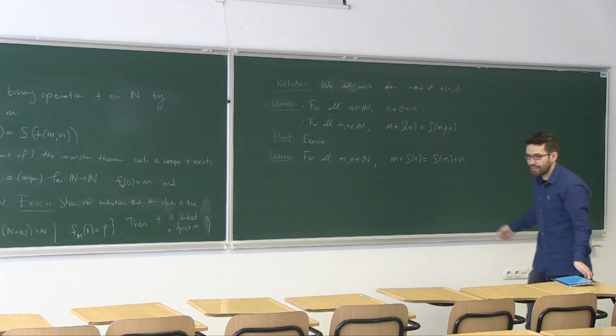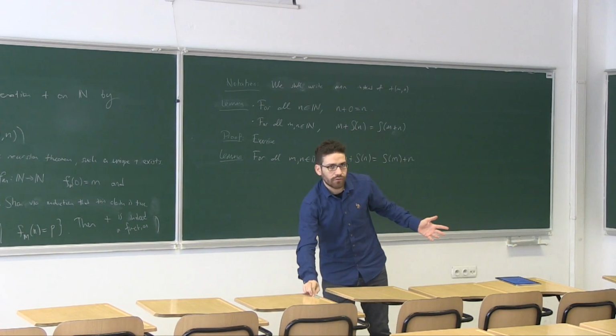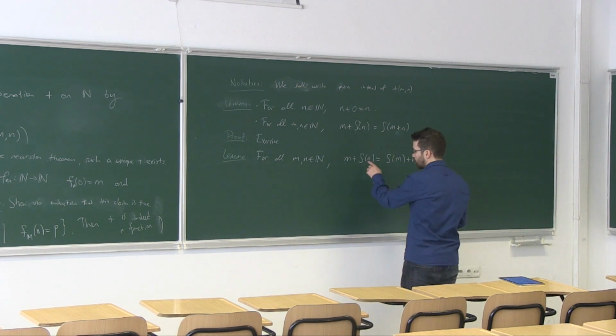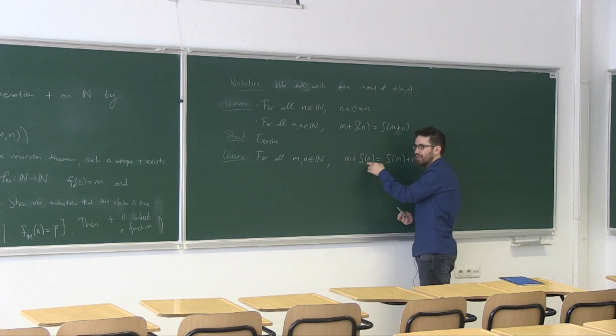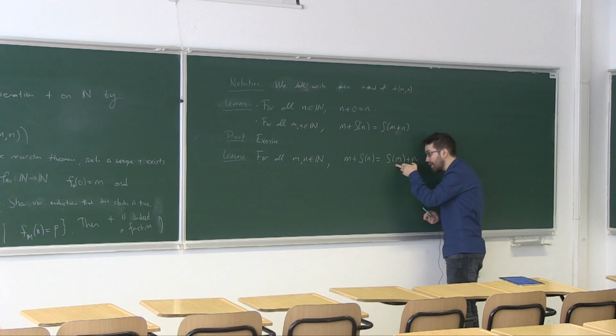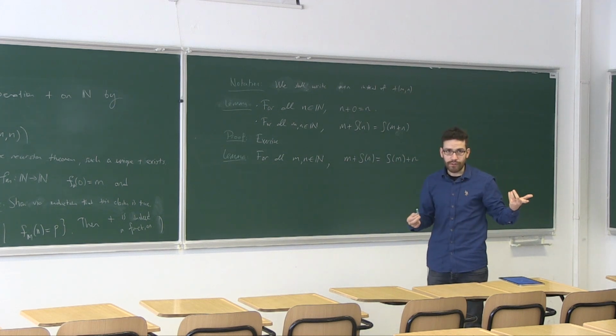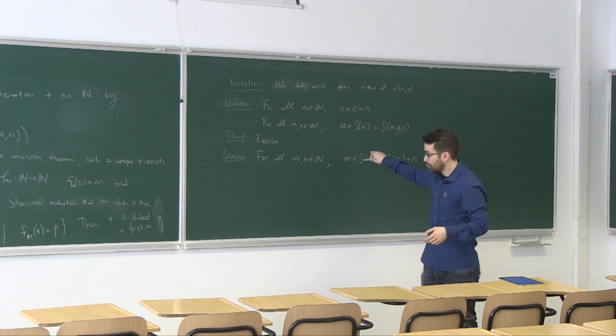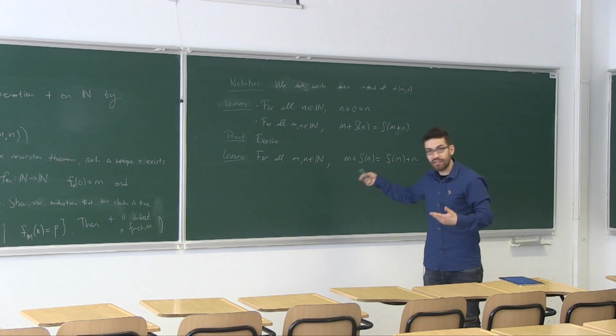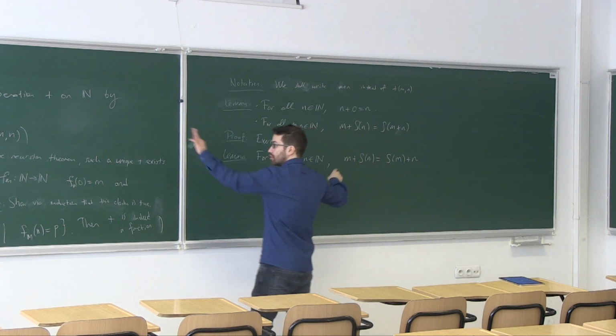Now, I know that this sounds trivial to you because this is supposed to be m plus 1, right? m plus 1 plus n is obviously the same because you think this addition is commutative. But why is addition commutative? We're going to use this lemma in the proof that the addition is commutative. So let's try to prove this just from this definition.